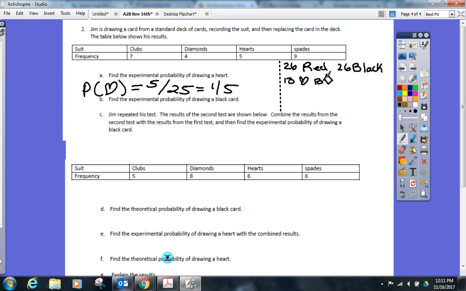Black cards are broken up into 2 suits. What are they? Clubs and spades, and they're broken up evenly. So 13 clubs, and I apologize already, clubs, trees, broccoli sprouts, whatever, and 13 spades.